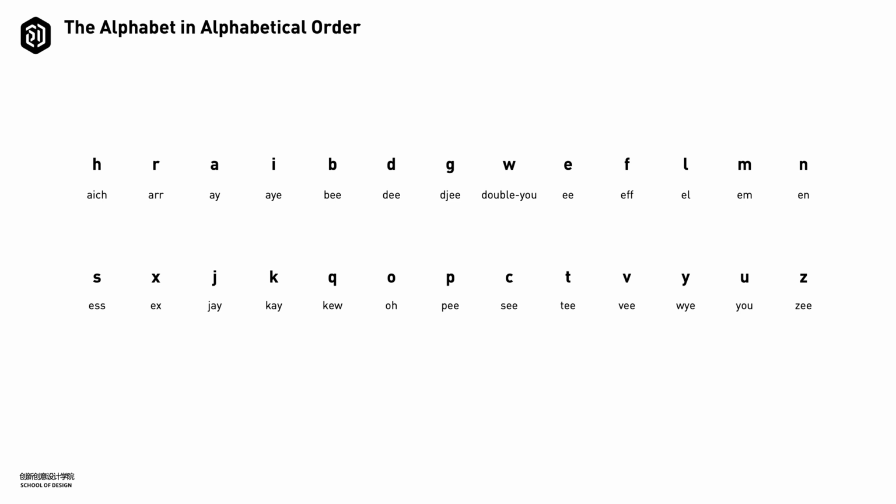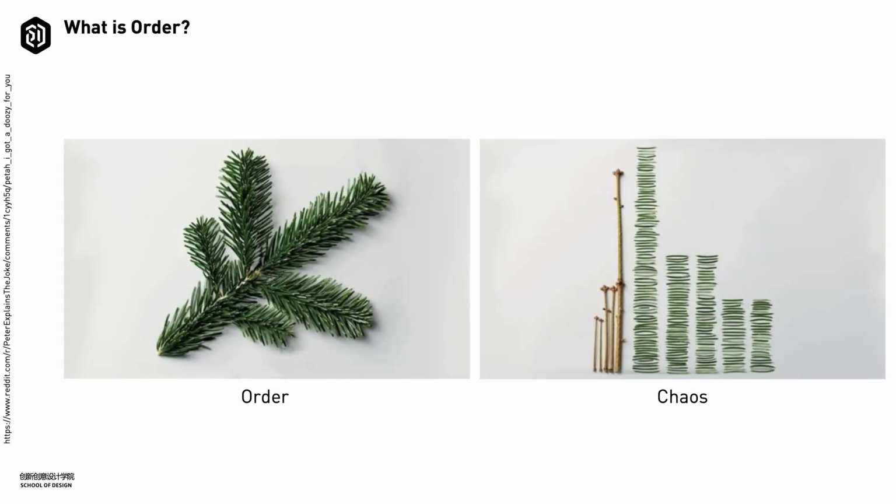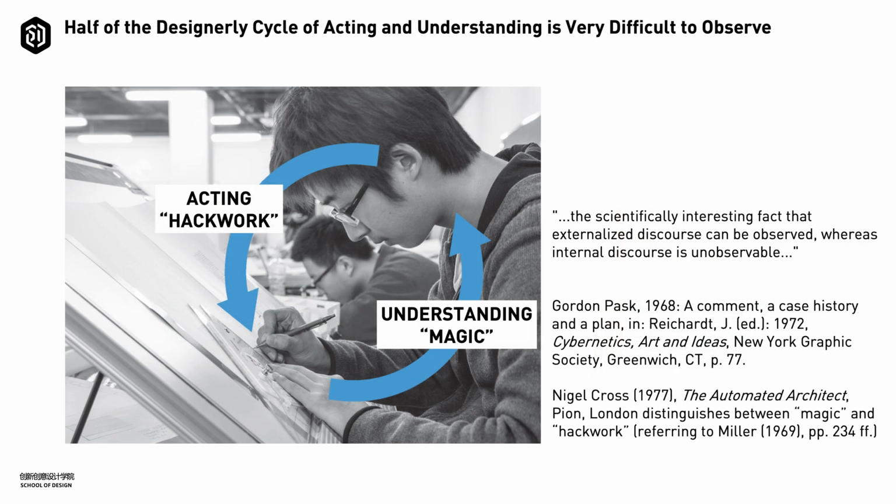So depending on what we know, we can make sense or not. Our personal conceptions of order and disorder can manifest themselves in very different attitudes, for example, in our relationship to nature. So we have to acknowledge that the participating observer is a part of observed systems, and that includes designing.